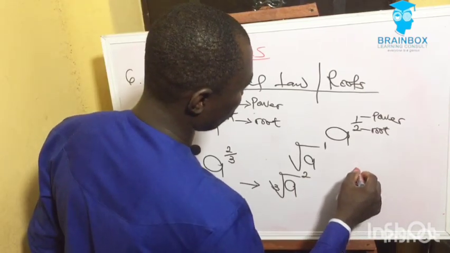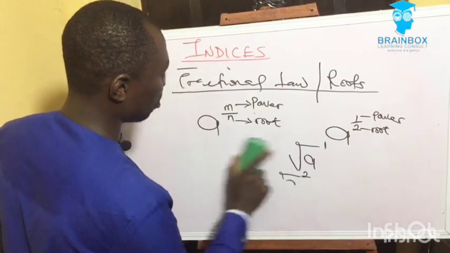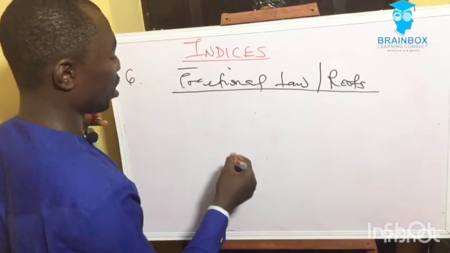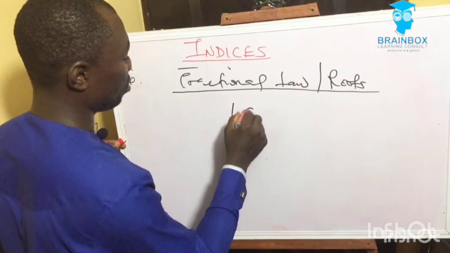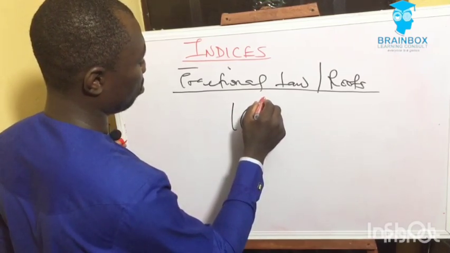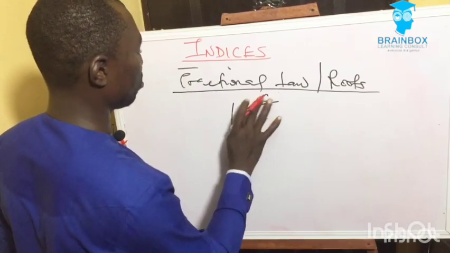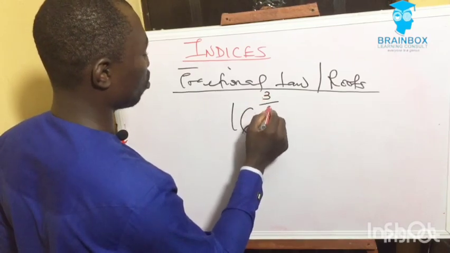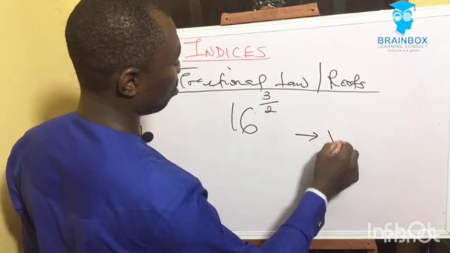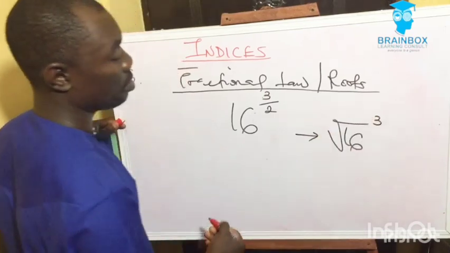Let me give one more example. Let me simplify this. For instance, we have 16 raised to the power of 3 over 2. What this means is square root of 16 raised to the power of 3.